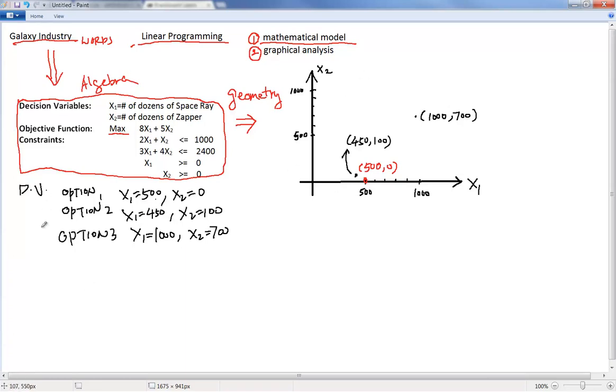Now let's move on to discuss what is the geometric representation of constraints. Notice I skipped the objective function, which will be discussed in the next video.